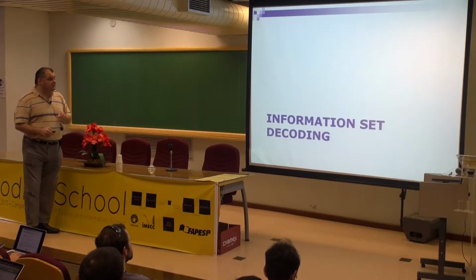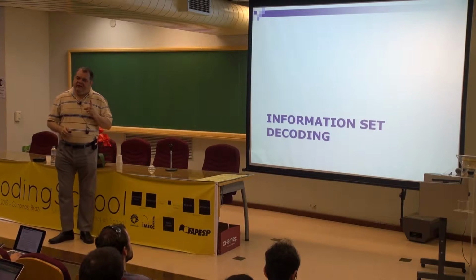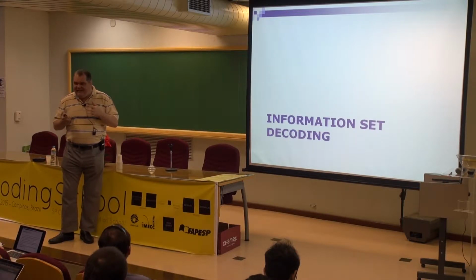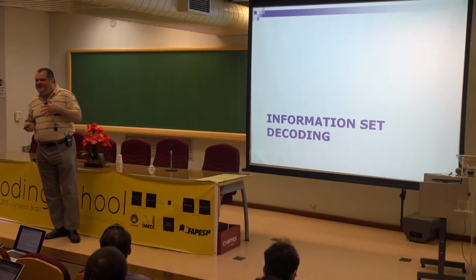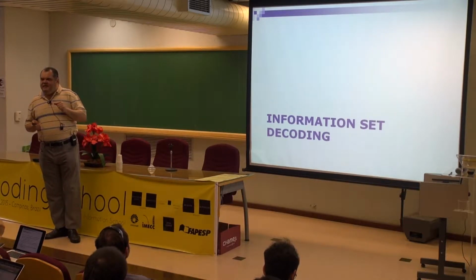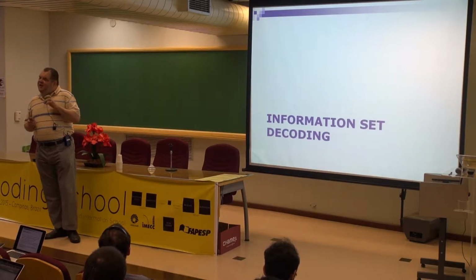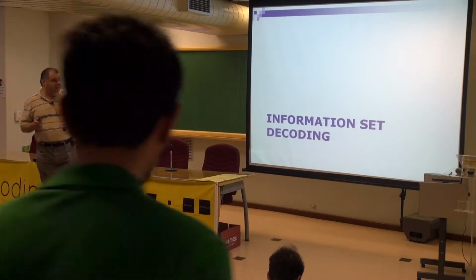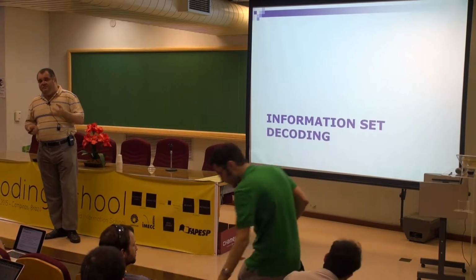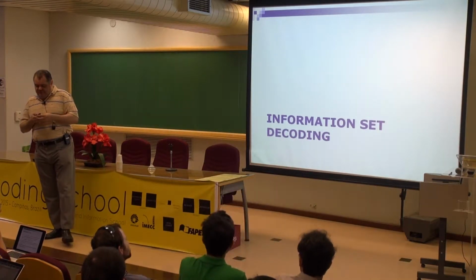Okay, so I won't have time to make a presentation of all kinds of attacks that have been devised against code-based cryptosystems, but a great deal of them are variations on one specific subject, which is how to apply information set decoding to a public key or to a cryptogram to extract information from it.